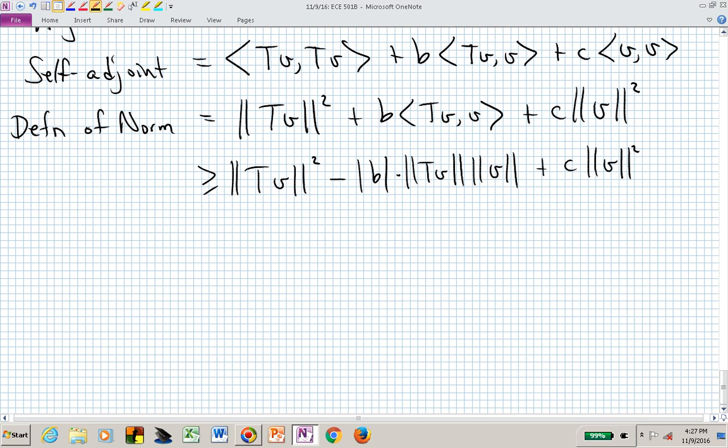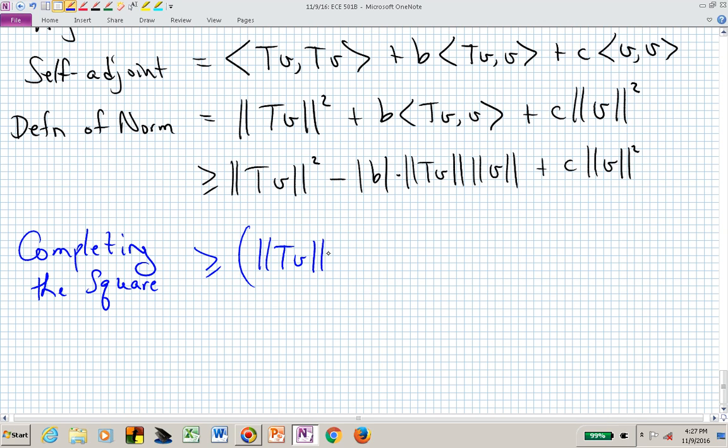And now, we have a TV norm, we have a V norm. That's looking like we can complete the square. Let's now complete the square. Meaning, if I now have the norm of TV, think of that as the x.